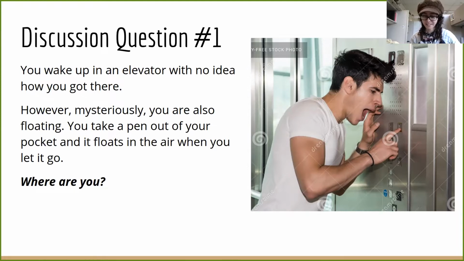And that's a perfectly fine possibility. But you could also be on Earth and you could be falling under the influence of only gravity. So you could be in an elevator chamber and maybe the cable snapped and now you're in free fall.